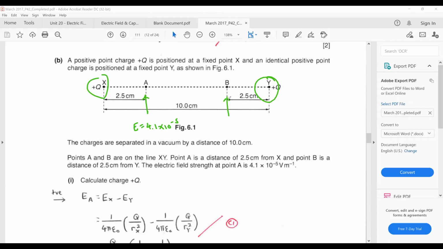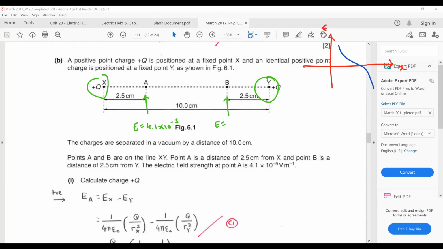Now, what do you suppose will be your electric field strength here? Just now for the case where I told you if you have positive charge here, you should roughly know that the graph of field strength versus distance will look something like this.